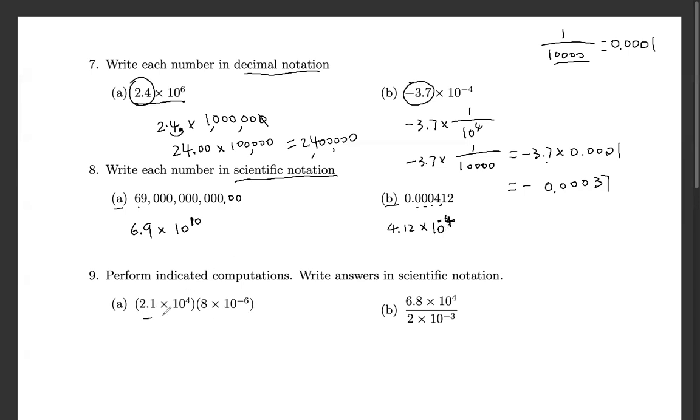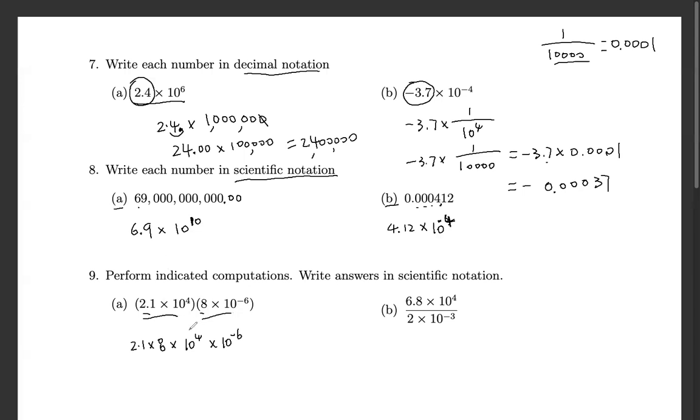9, we multiply two scientific notations for A, then for B, we divide two scientific notations. So we multiply the first number with the first number. So we get 2.1 multiplied by 8, then multiply by 10 raised to 4, multiply by 10 raised to negative 6. We didn't change anything, just changed their positions, right?